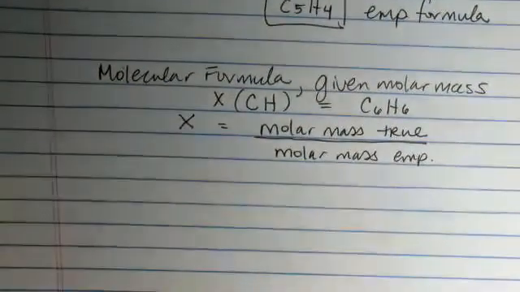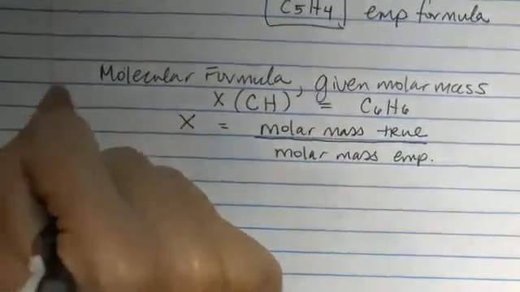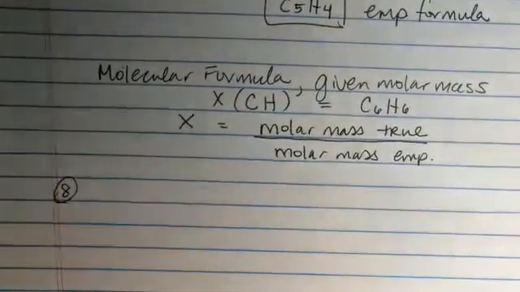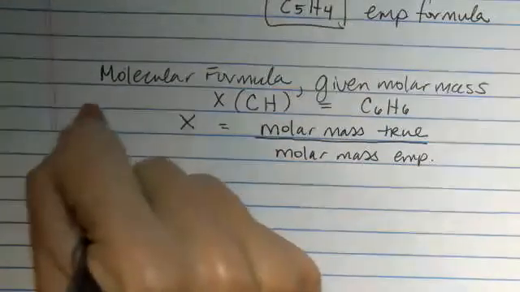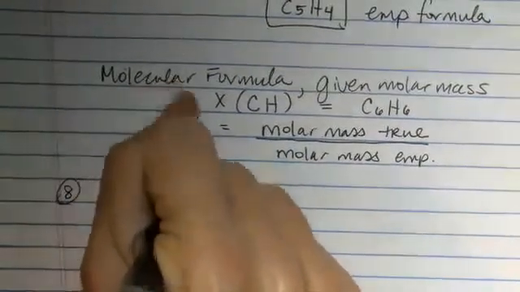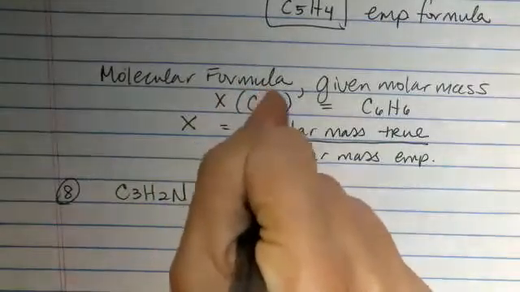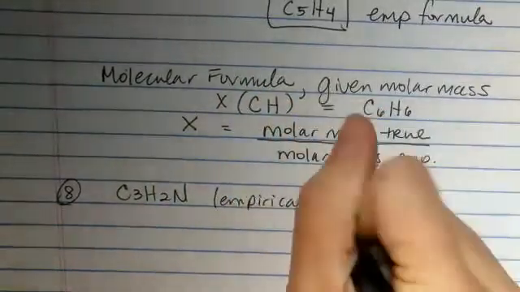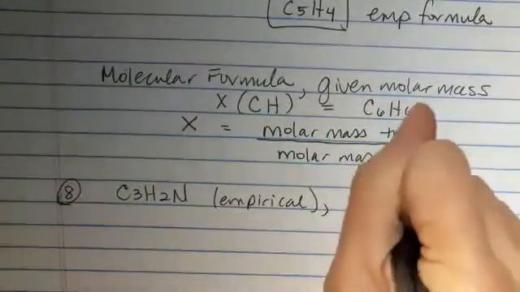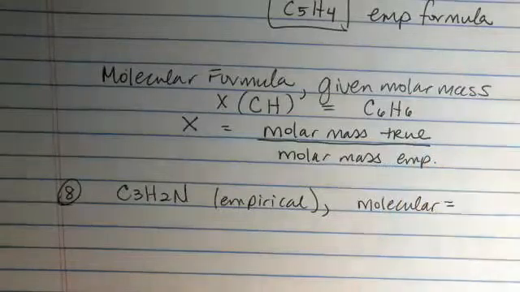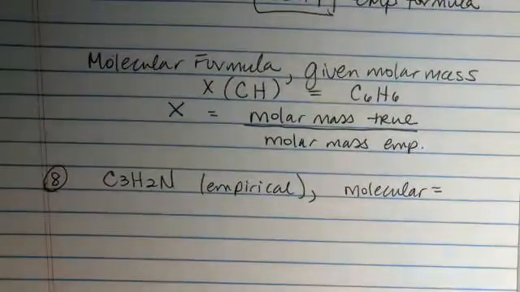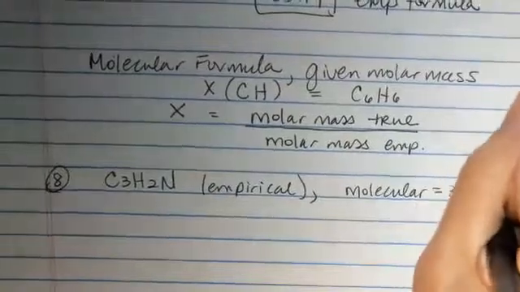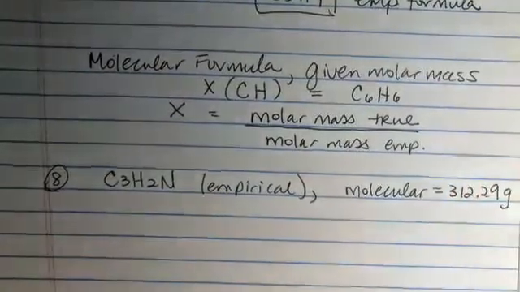So an example here, just going kind of in that last step, I think we're on number 8. It says we've got a compound with an empirical formula of C3H2N. So that's the empirical, simplest whole number ratio. And then what we're also told is that the molecular formula has a molar mass of 312.29 grams.